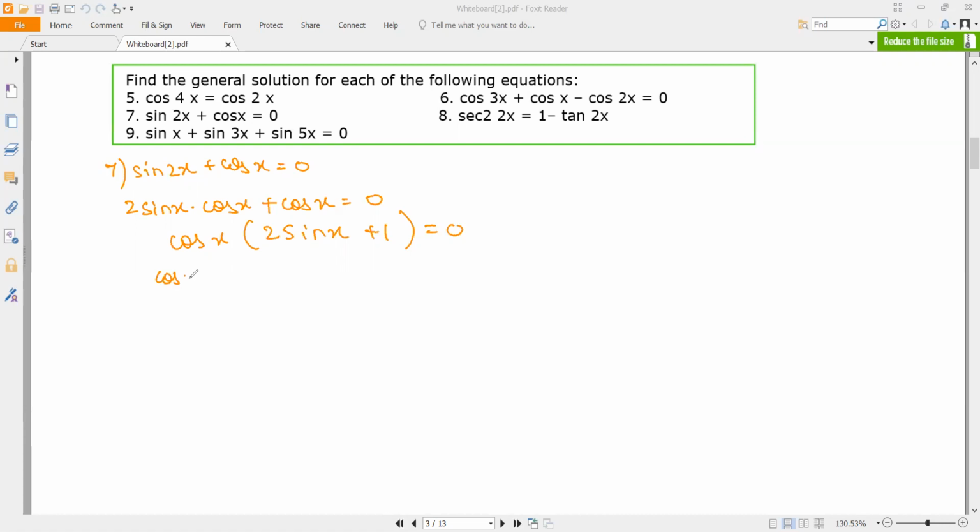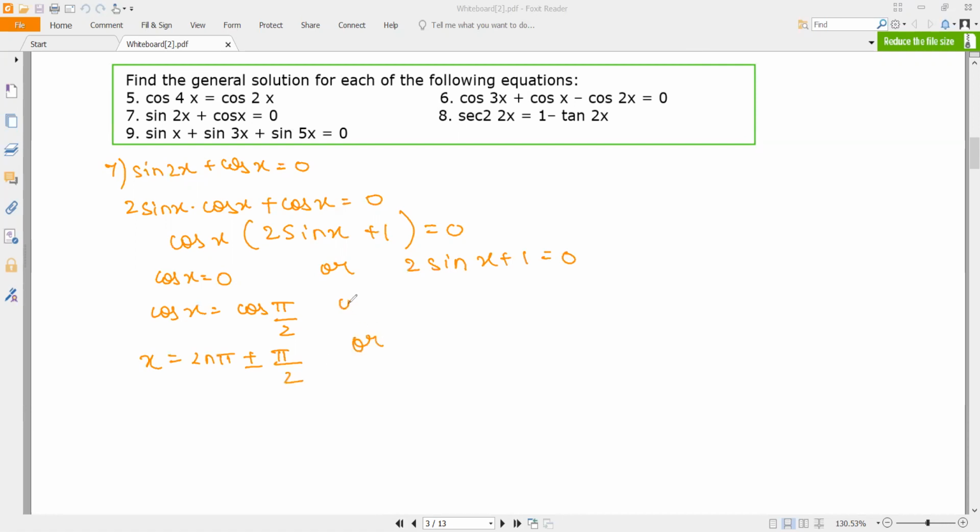So either your cos x is equal to 0 or 2 sin x plus 1 is equal to 0. Now this is cos x is equal to cos pi by 2, exactly how we did in the previous question. x is equal to 2n pi in the general form, considering pi by 2 as the value of y.